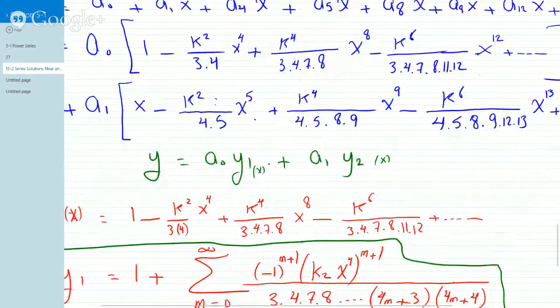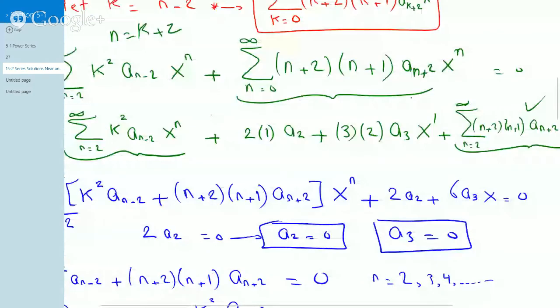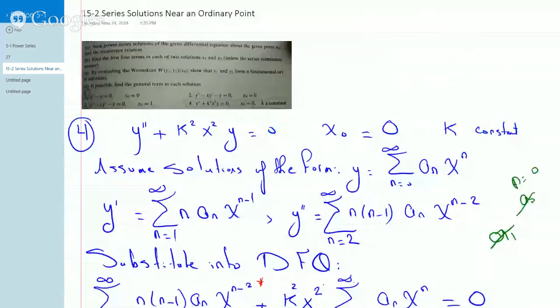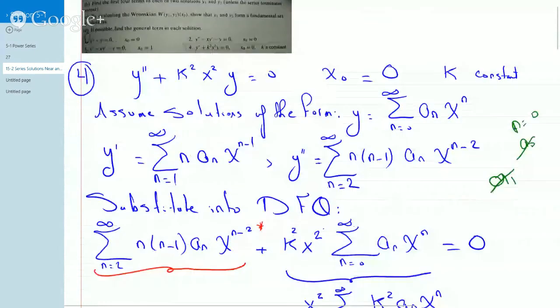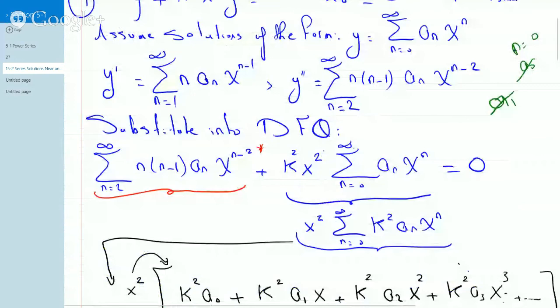So now our solution is A0 multiplied by y1 of x plus A1 multiplied by y2 of x. And we were able to answer the third question and get two solutions, y1 and y2.